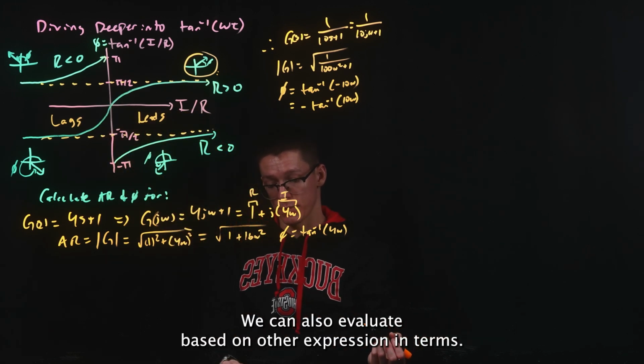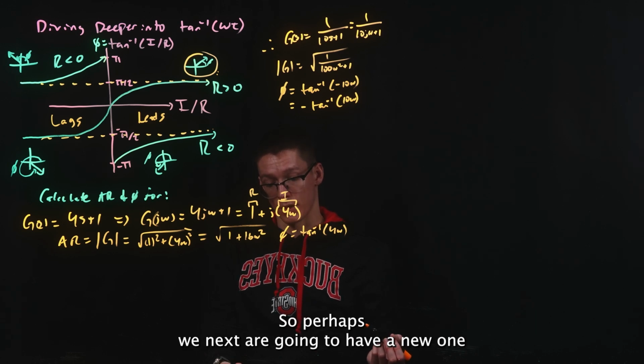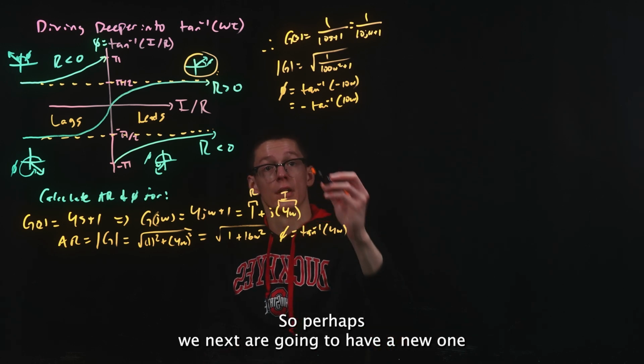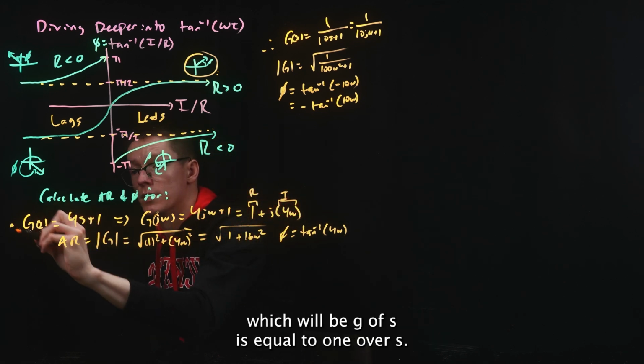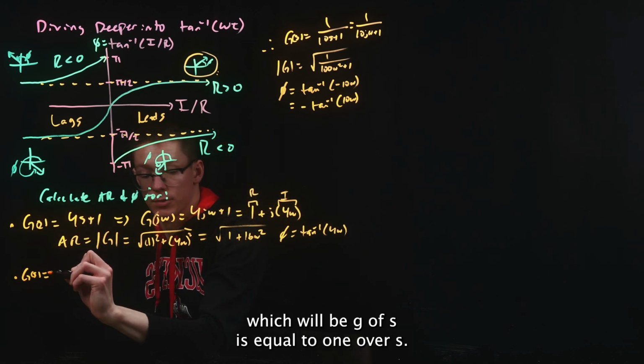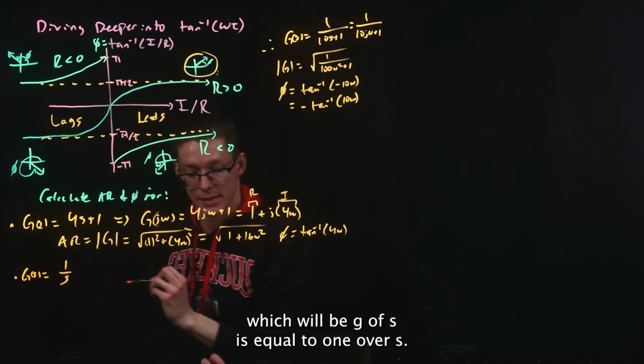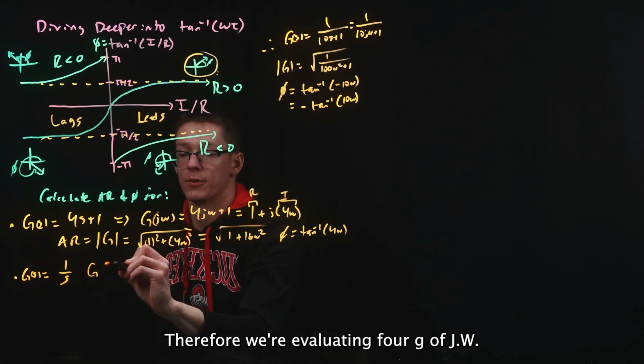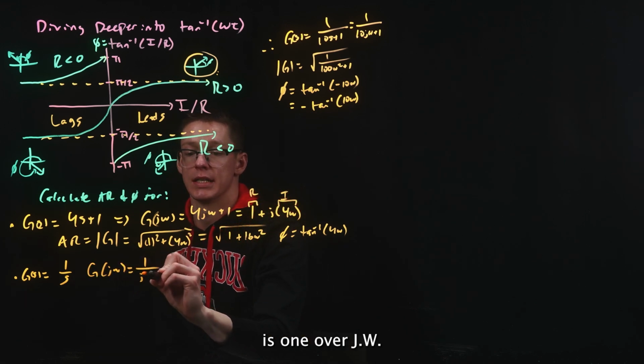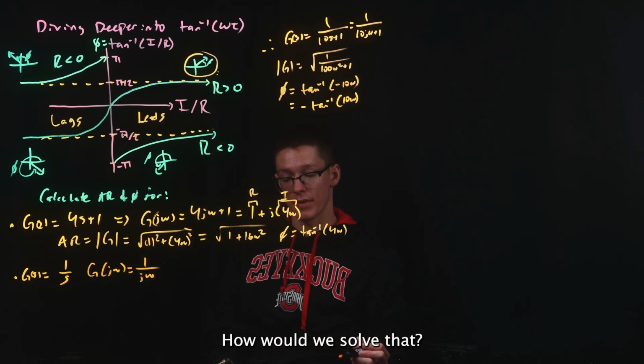We can also evaluate other expression terms. So perhaps we next have a new one, which will be g of s is equal to 1 over s. Therefore, we're evaluating g of jw is 1 over jw. How would we solve that?